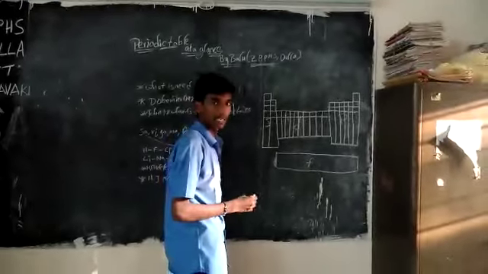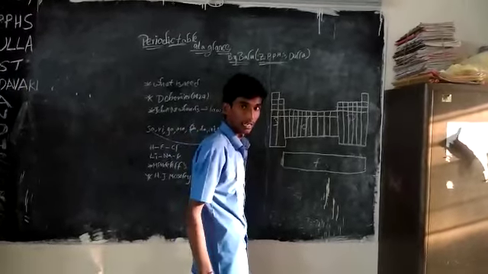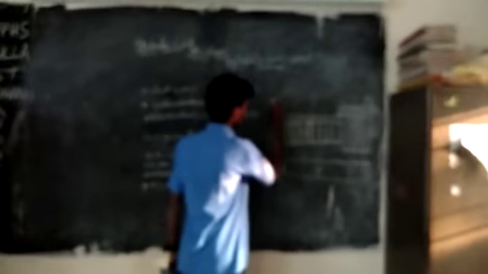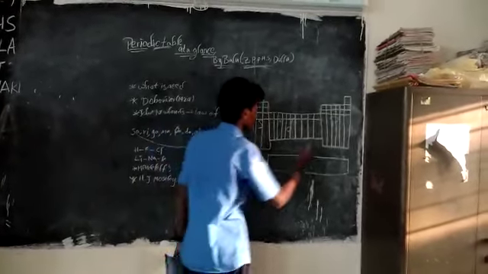The arrangement of elements in the modern periodic table depends upon electronic configuration. Firstly, hydrogen is in 1s.